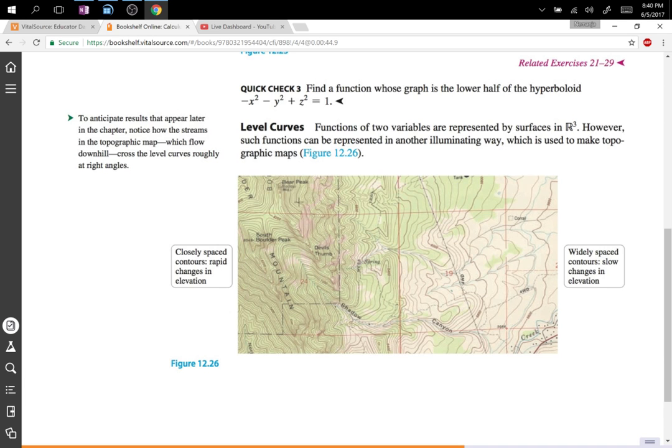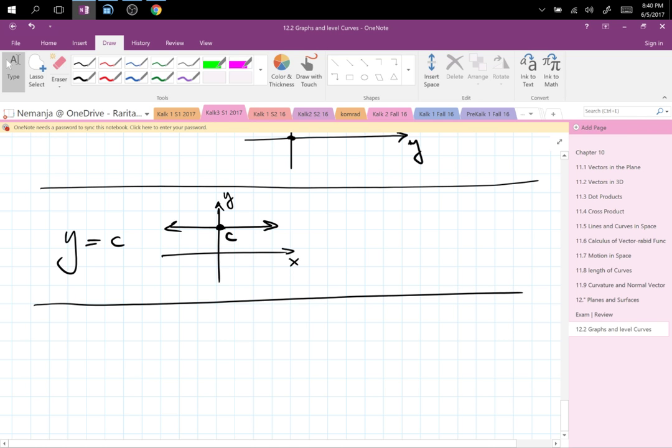Okay, so the level curves, now calculations. Calculations for level curves are insanely easy because all you are going to do is cut with planes z equals 0, z equals 1, z equals 2, and so on. And if the plane z that you are trying to use is not giving you a good answer, that means that you are picking a bad value for z because the function doesn't exist on that elevation.